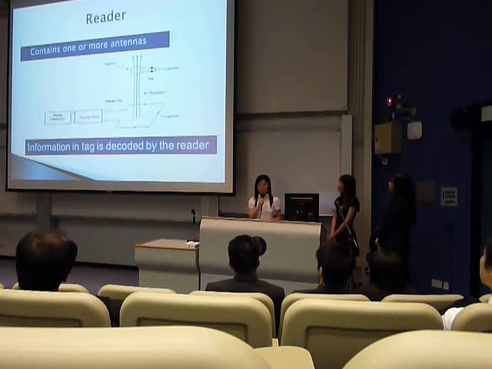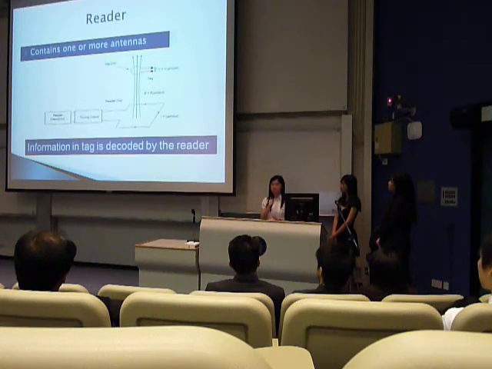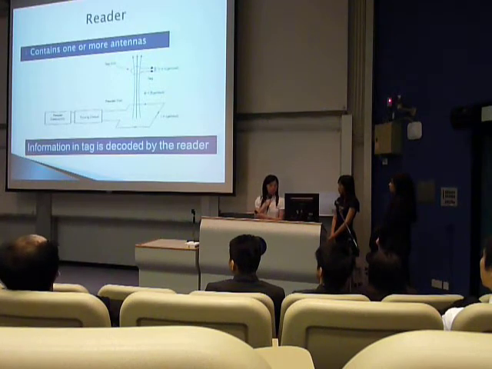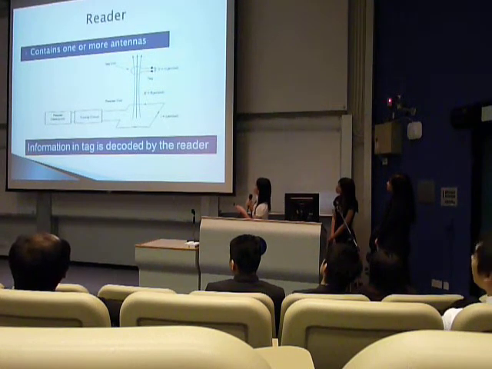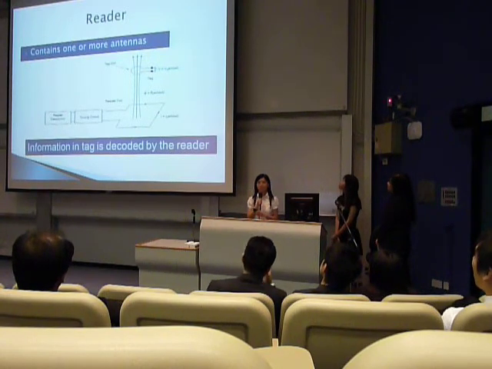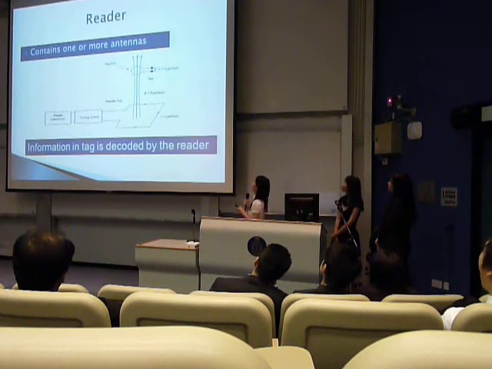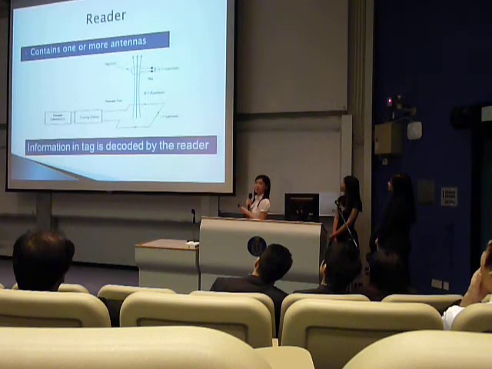So in order to get the data in the RFID tag, you need a reader. A reader is a device that contains one or more antennas. When an AC current is passed through a reader coil, it produces a changing magnetic field, and this changing magnetic field induces a voltage in the tag coil.